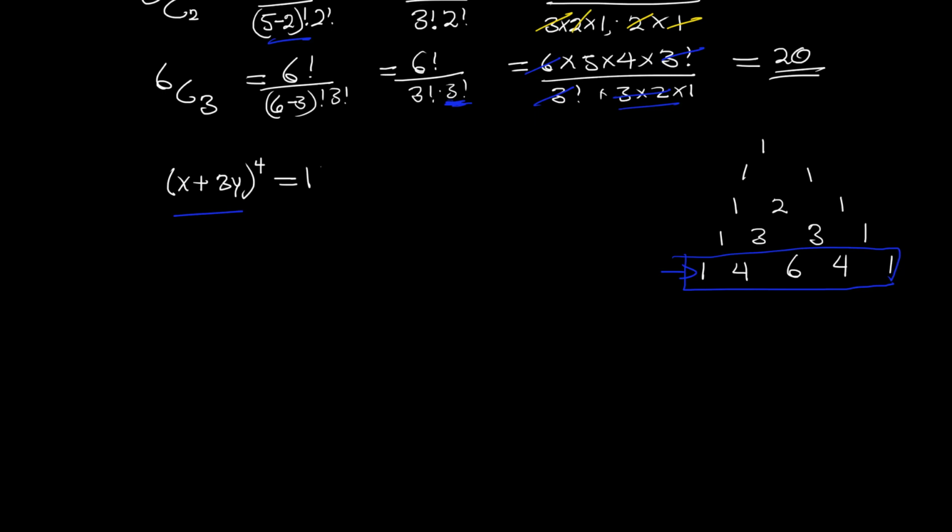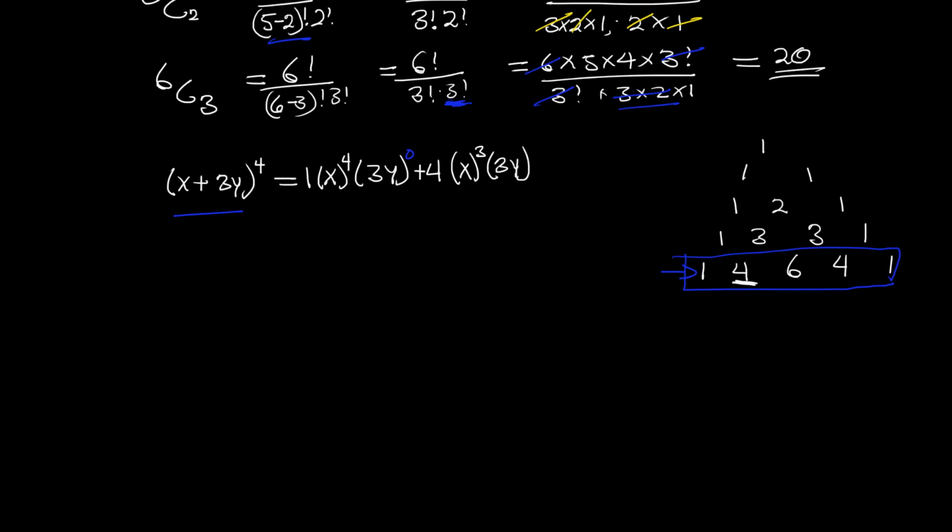So we're going to apply that, and we have x raised to the power 4, 3y raised to the power 0, plus the second term, which is 4 times x raised to the power 3.